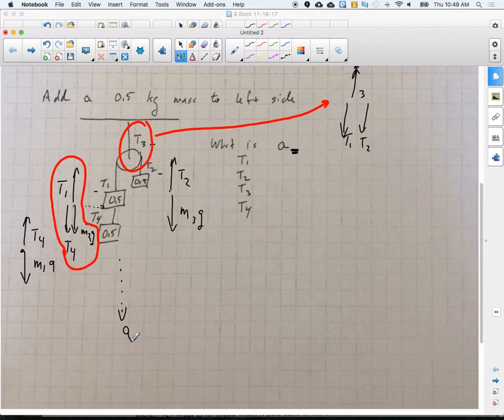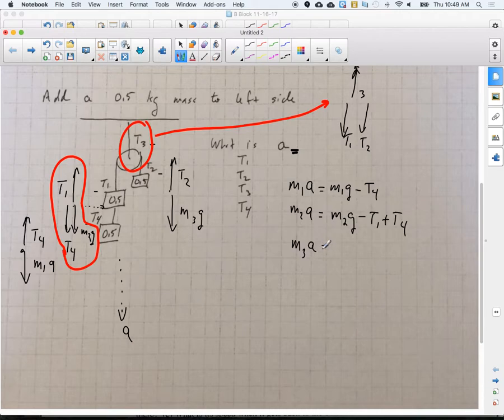So now I can write my three equations. M1A is equal to M1G minus T4. M2A is M2G minus T1 plus T4.